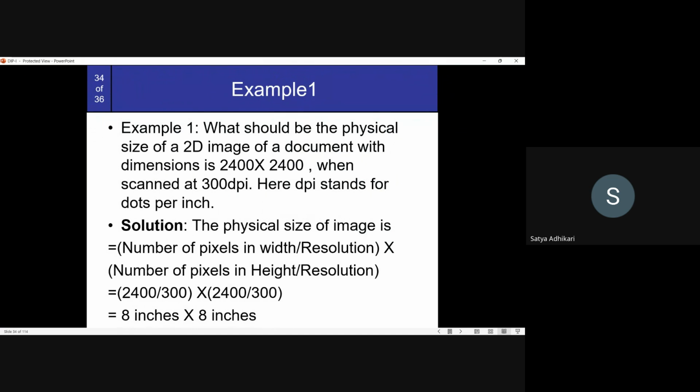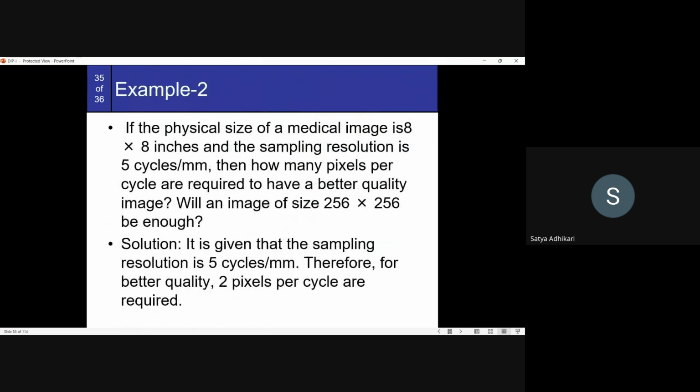The second example: the physical size of the medical image is 8 by 8 inch and the sampling resolution is 5 cycles per mm. How many pixels per cycle are required to have a better quality image? Will an image of size 256 by 256 be enough?